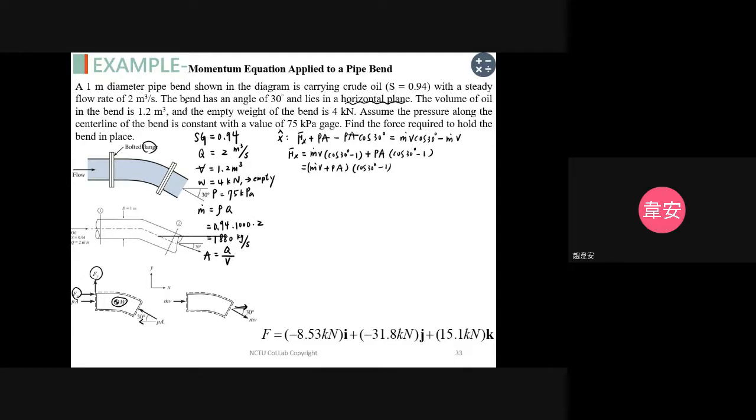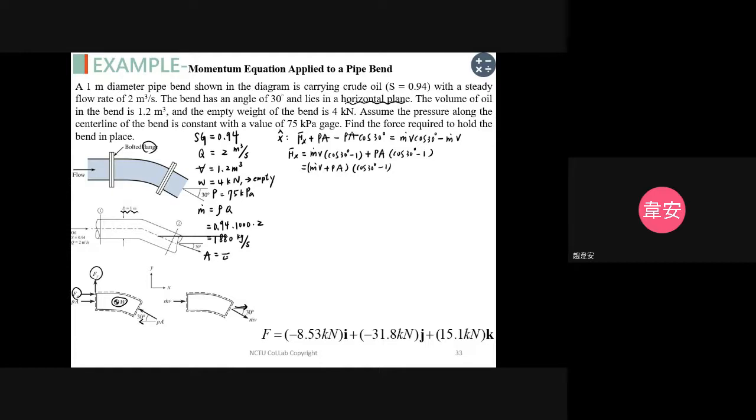Okay, so the question tells us the diameter is 1 meter. So we don't need to compute based on the discharge. We can directly compute the area.